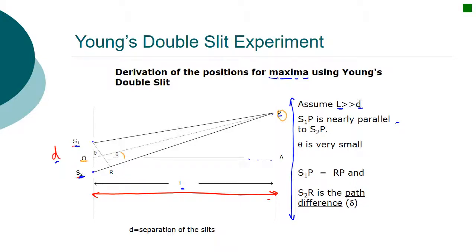Now the other thing we have to be aware of is that S1P, which is our top line here, S1 up to P, and RP, let me just draw it. S1P is this line here, and R up to P, they're going to be the same length.